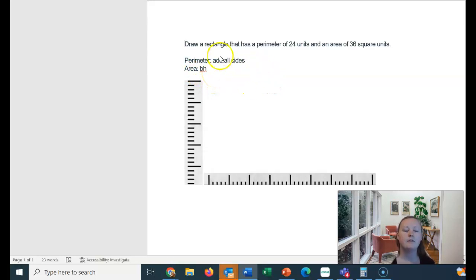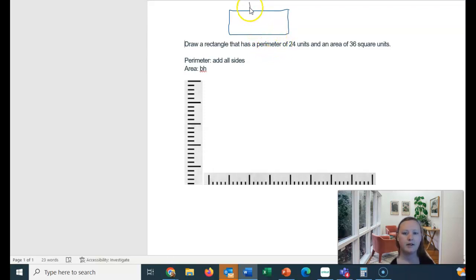Now, let's read our question. It says, draw a rectangle that has a perimeter of 24 units and an area of 36 square units. So I need to figure out some numbers that add up to 24. If I have a rectangle, the two sides opposite each other have to add up, right?